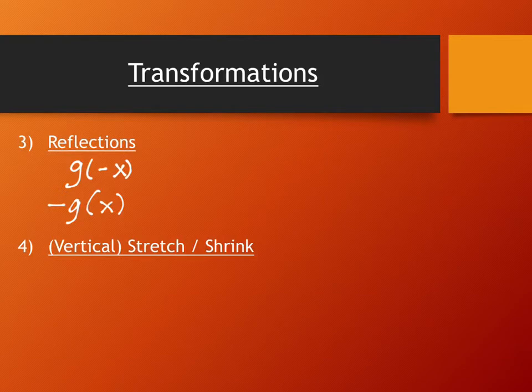The only difference here is that the outside actually looks like it's occurring in front of it instead of behind it. But it's still on the outside of the grouping with x. So if you have it grouped inside, this is a reflection over the y-axis. We call it a horizontal reflection.